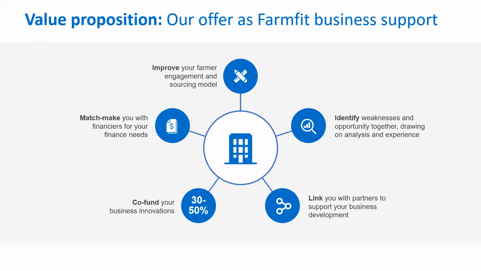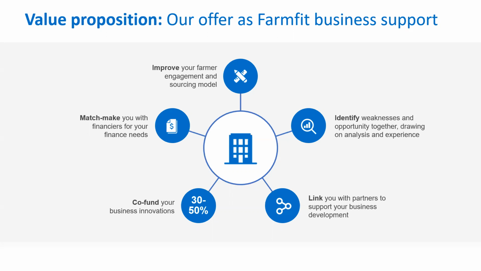So our value proposition as FarmFit Business Support is basically that we improve the farmer engagement model, the sourcing model of a company. We identify weaknesses and opportunities based on what we analyze in the analysis. We link companies to different partners to see how other organizations could support this service delivery model. We co-fund business innovations, so based on results that we receive from a study, we dig into these opportunity pathways and see how can we support the business in scaling a sustainable and efficient and effective service delivery model.